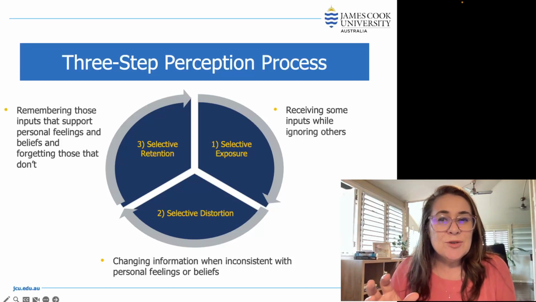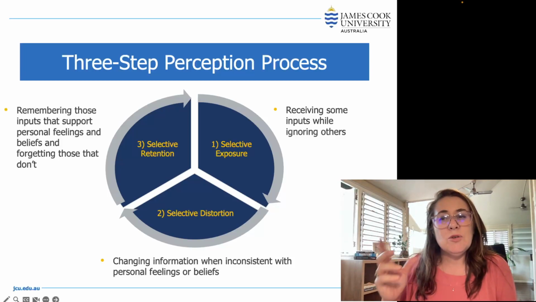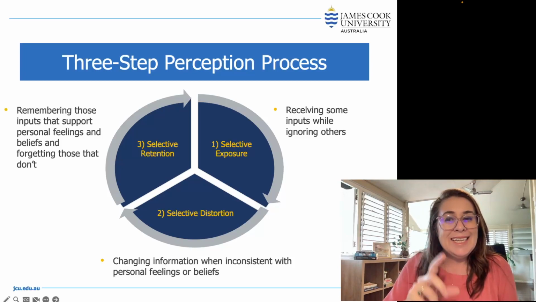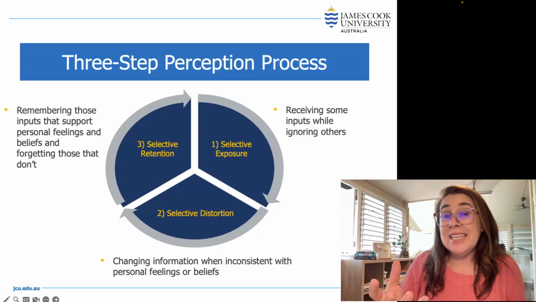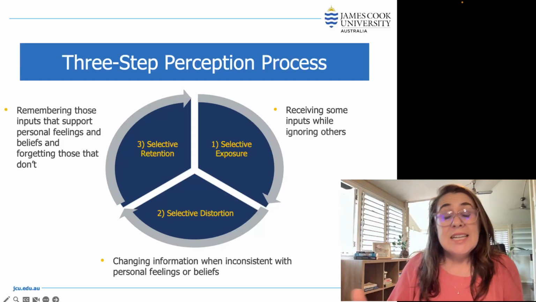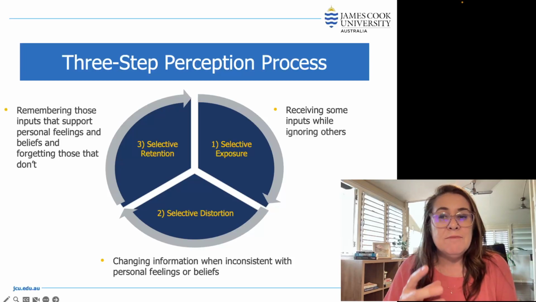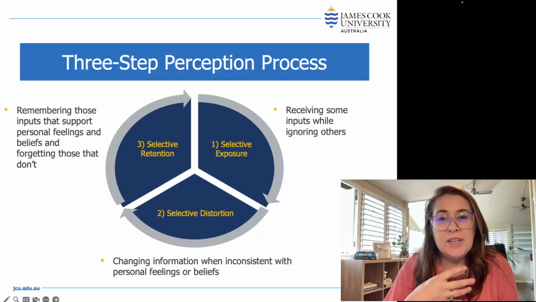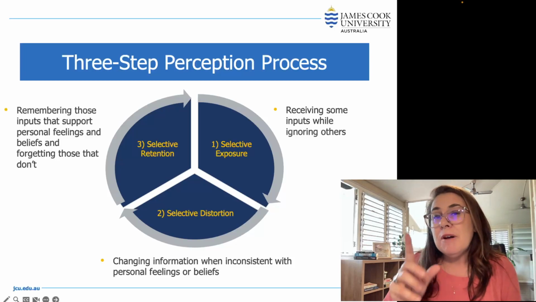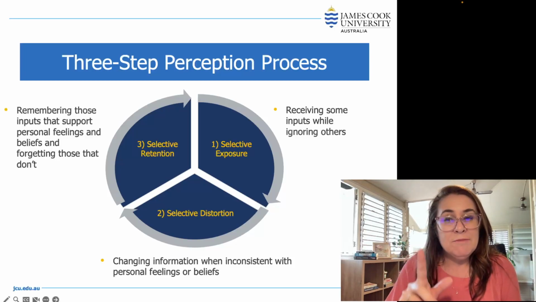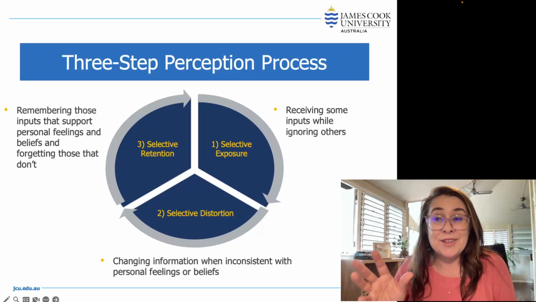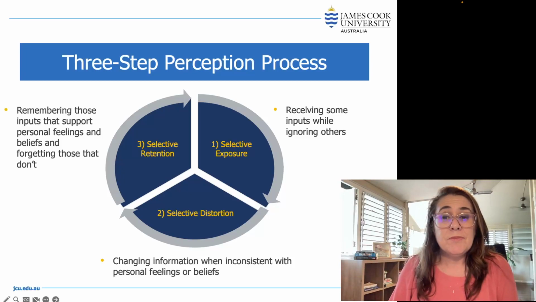Selective distortion is an individual's changing or twisting of received information when it is inconsistent with that person's feelings or beliefs. Selective retention is remembering information inputs that support our personal feelings and beliefs, but forgetting details or inputs that do not support those feelings or beliefs.